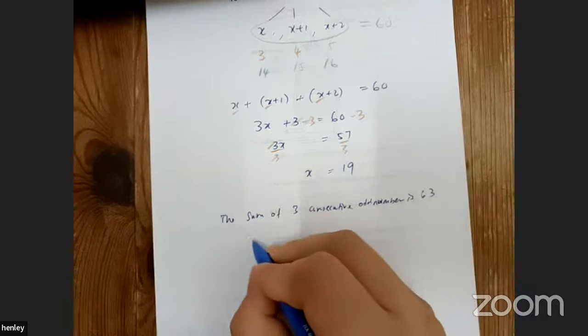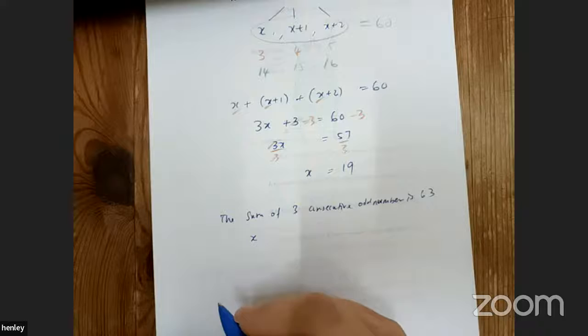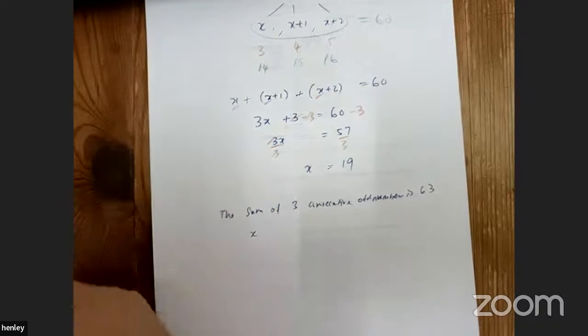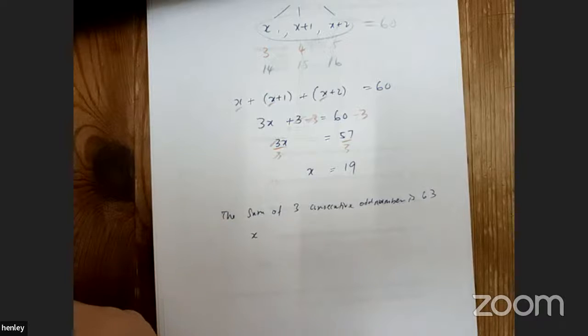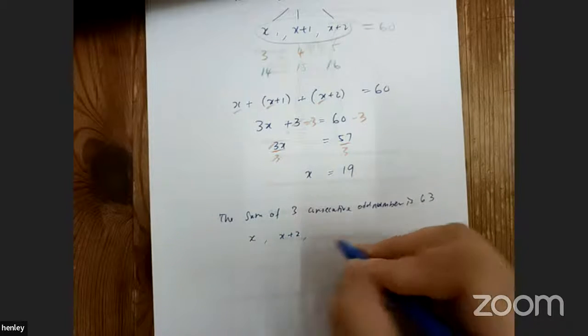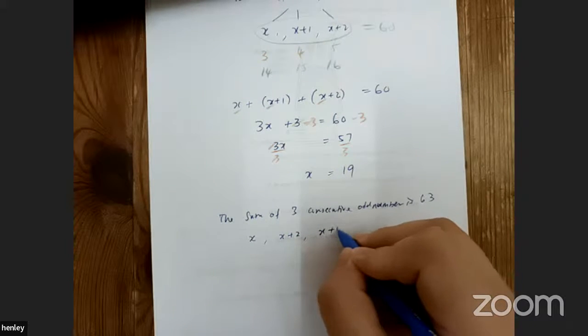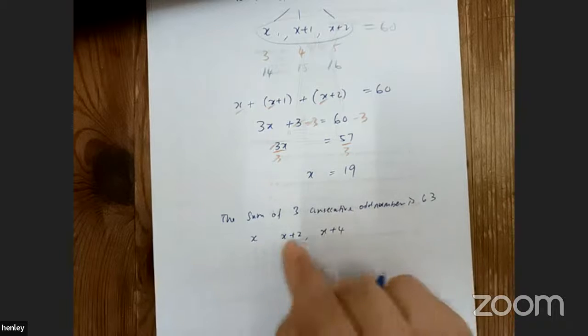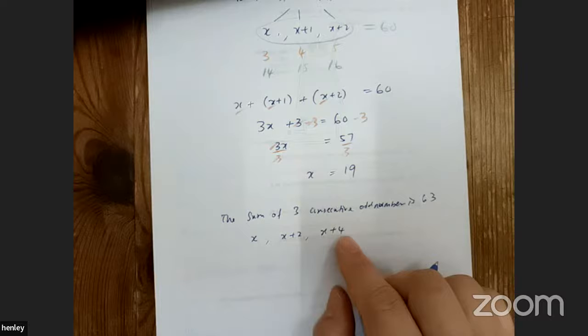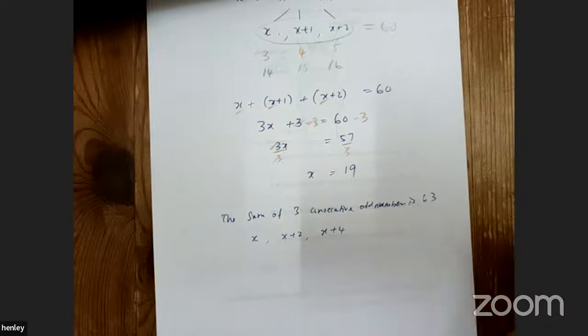Yes. So number 1 will be x. And because these are consecutive even or odd numbers, you need to skip by 2. So the next one will be x plus 2, and the third one will be x plus 4. Because this is 1, then this one is 3, and this one is 5. 21, 23, 25.